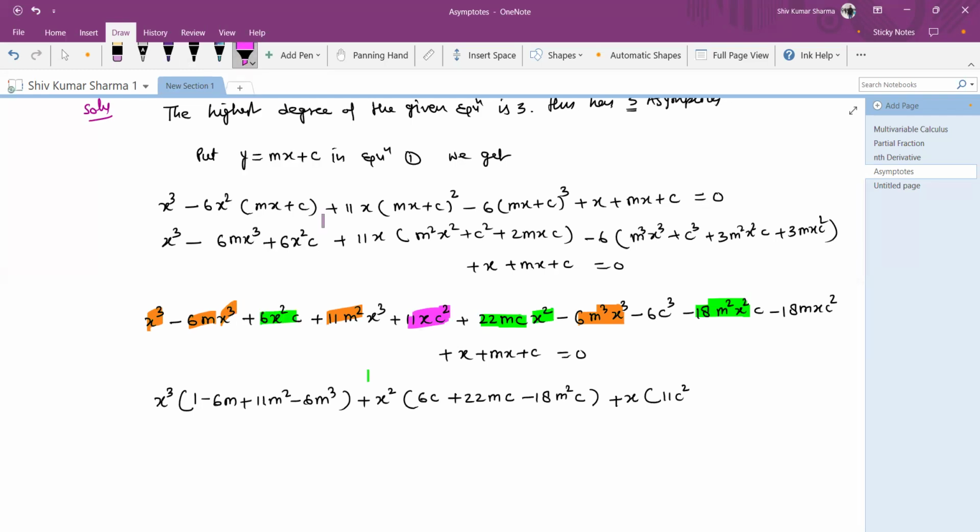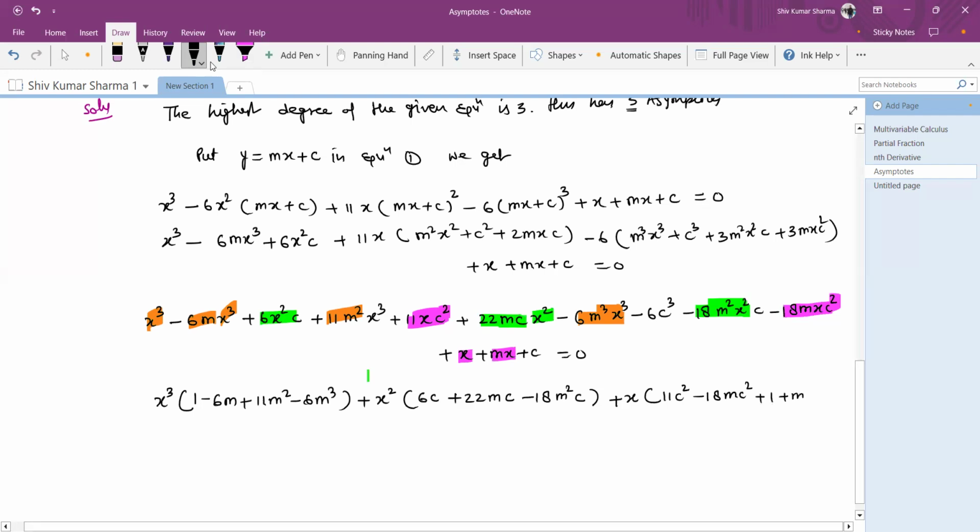Next term is minus 18mc square, and next term is plus 1 plus m. And the remaining term is the constant term. So one term is plus c and the previous term is minus 6c cube, is equal to 0.